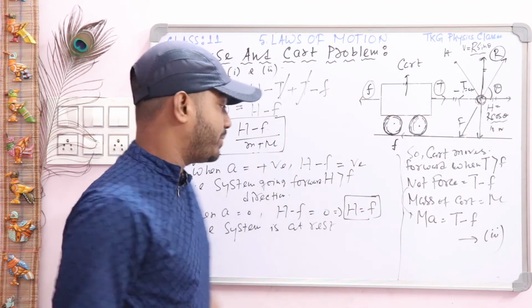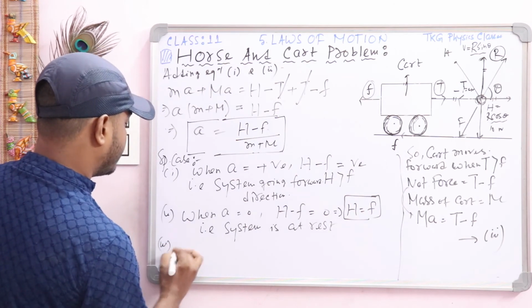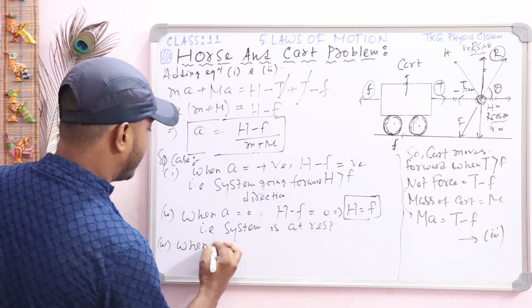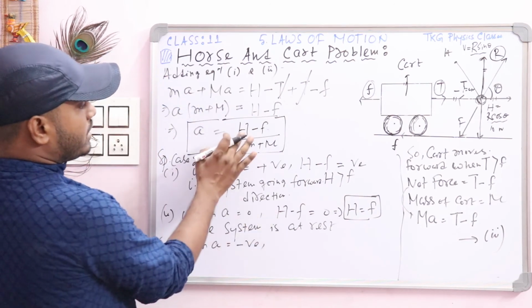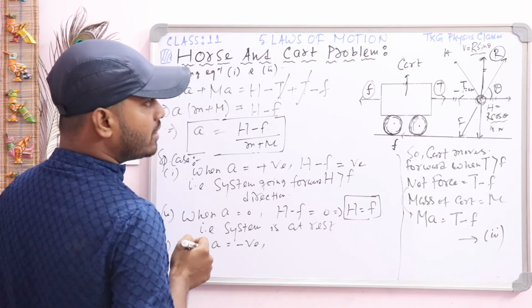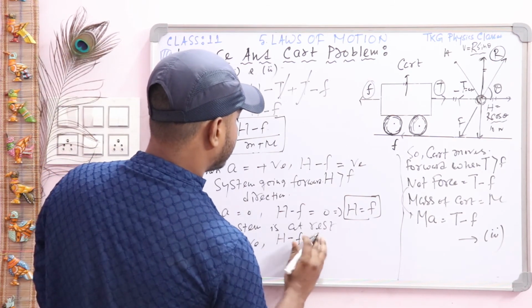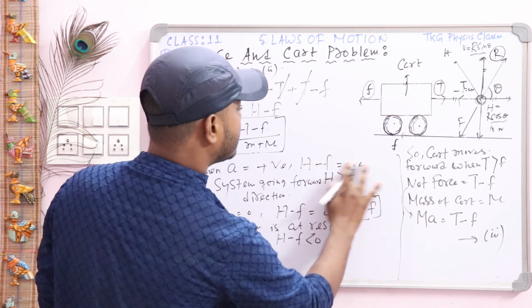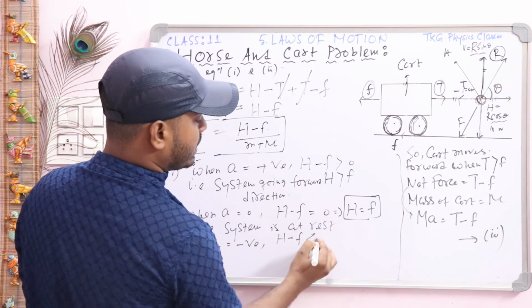Now case 3. Okay, write it. Case 3. When a is negative, that means H minus F is less than 0.